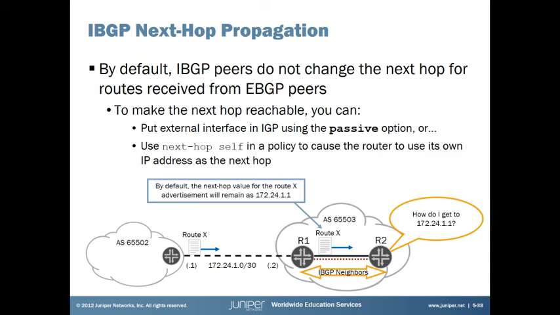It allows us to update attributes as the route is re-advertised out, so it's an export policy. As R1 exports this route out of its routing table, it can update the next hop attribute to say, hey, I am the next hop for this route. Therefore R2 will send traffic to R1, which will in turn send traffic across to its peer. So there are two ways of solving that problem.